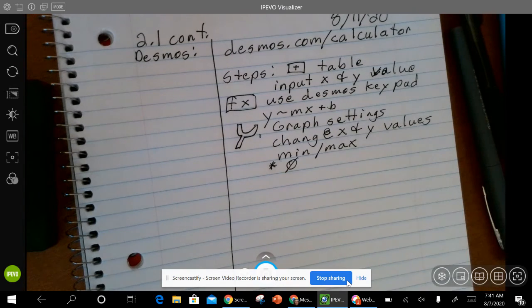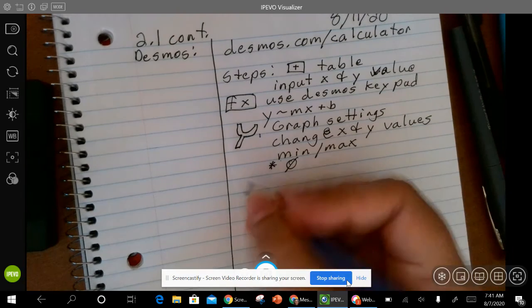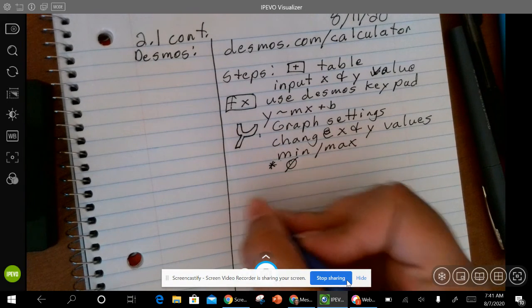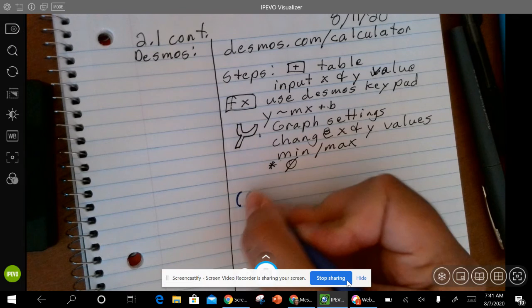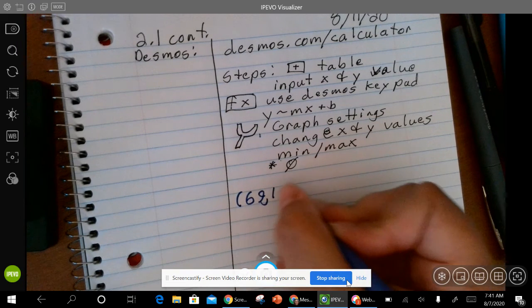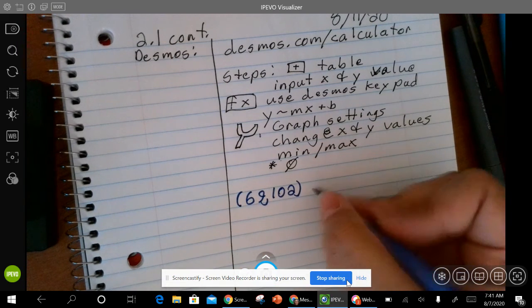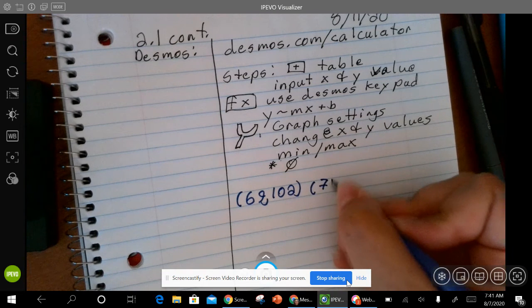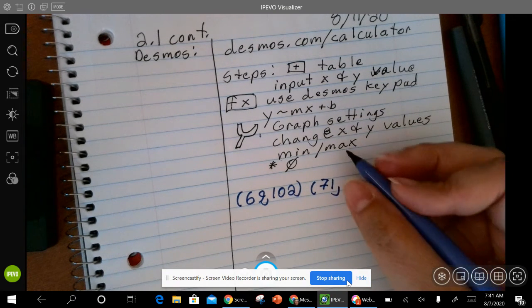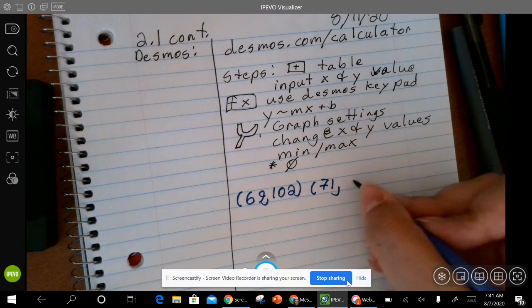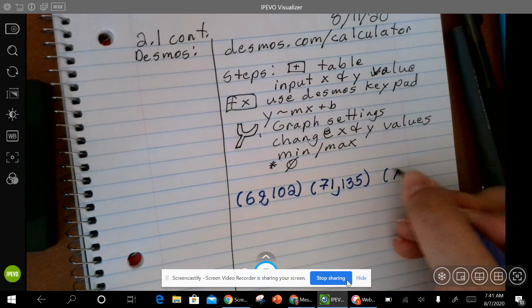Okay, so we are going to look at some data. So Maria has a concession stand, and she is recording the temperature and the number of water bottles that she's selling.